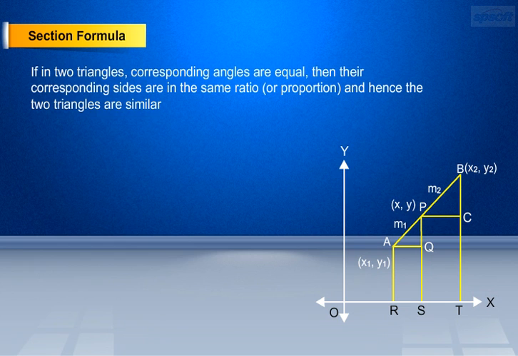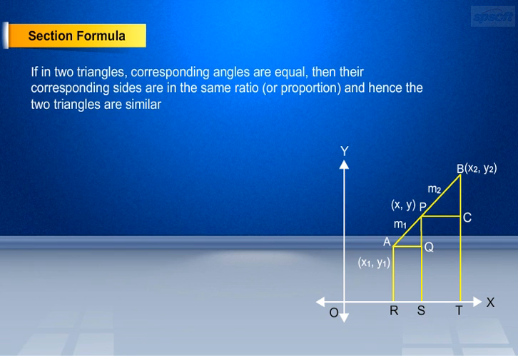From the figure we can see that PQ equals PS minus QS, which equals PS minus AR. Since ARSQ is a rectangle, we have AR equals QS, which equals y minus y1.